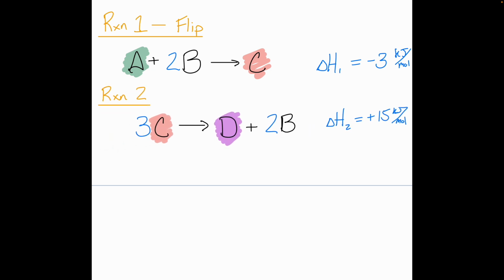All right, and when I sum these two chemical equations up, I'm going to have A plus 2B plus 3C. But I get to reduce that C down because I have a C on my product side along with D and 2B.